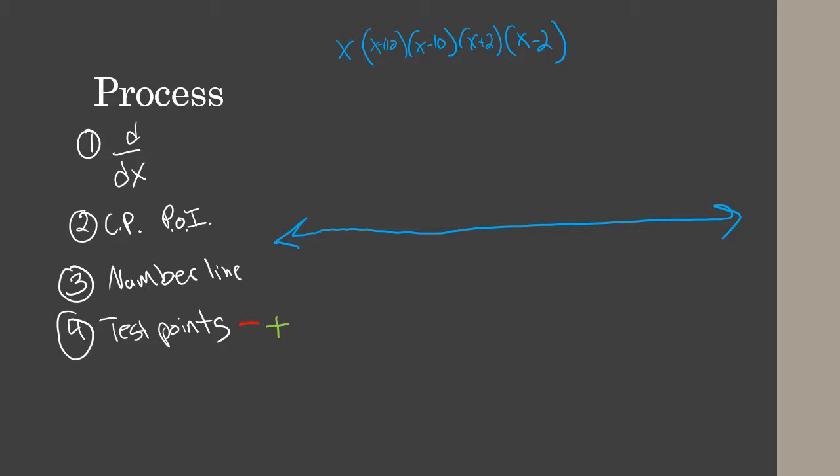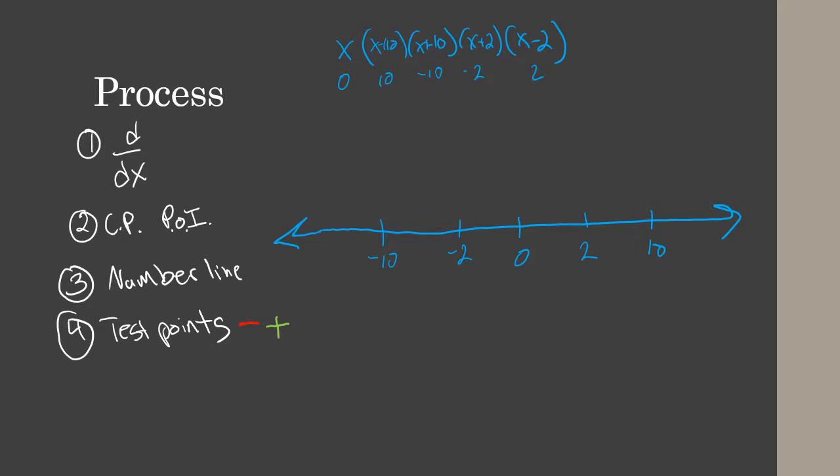And whether it's the first or second derivative, right now we're just looking at the process. So luckily we didn't have to do this. We map our critical points or our points of inflection. So we have 0, positive 10, negative 10, negative 2, and positive 2. So we'll put these on the number line: negative 10, negative 2, 0, 2, 10.